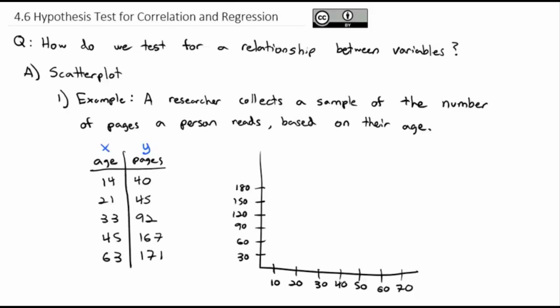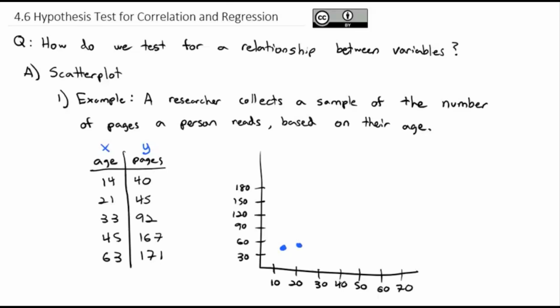And so we'll make a point for each one of these, and this is going to be what becomes our scatter plot. So at 14 years old, we'll go up to 40 pages, which is right about where that blue dot is. Then we've got a 21-year-old who goes 45 pages, so maybe a little bit higher.